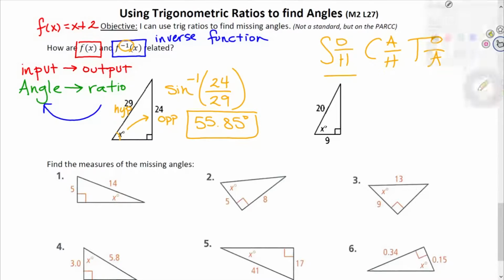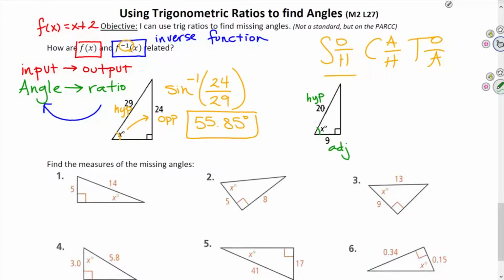Let's try one more, and that's right here, and that's the angle. Now, is 9 the leg adjacent to the angle, the leg opposite the angle, or the hypotenuse of the triangle? It's adjacent, next to the angle. Is 20 the leg opposite the angle or the hypotenuse of the triangle? It's the hypotenuse.